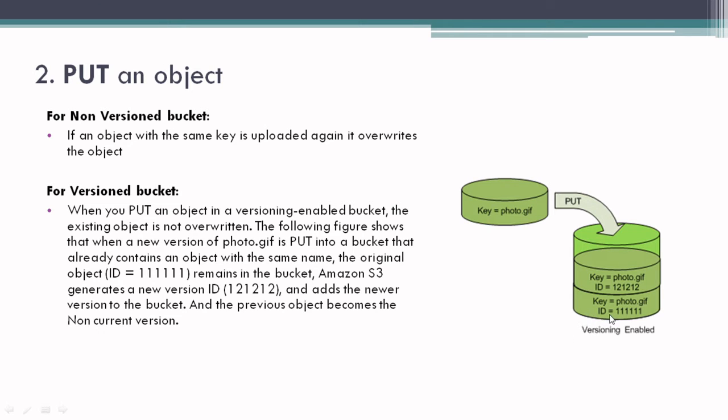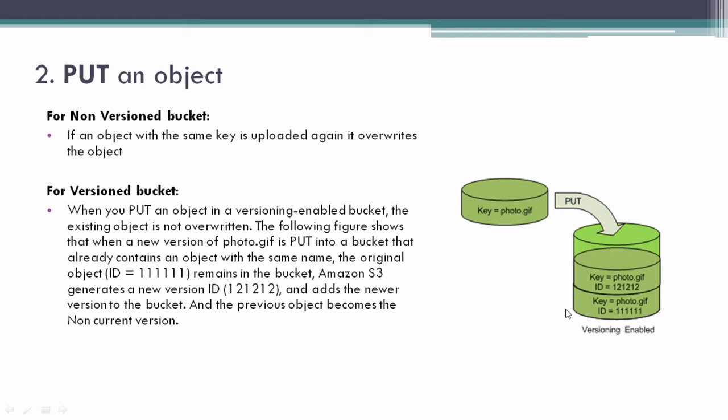You can see in this figure, this is again our version-enabled bucket, and suppose I have photo.gif with version ID 111. Then I upload the same name again by calling the put request, and S3 will create a new version ID, suppose 1212. It will be created by Amazon S3.